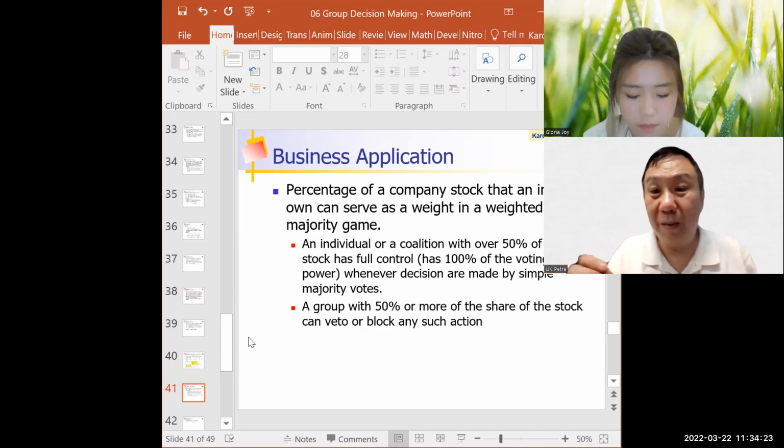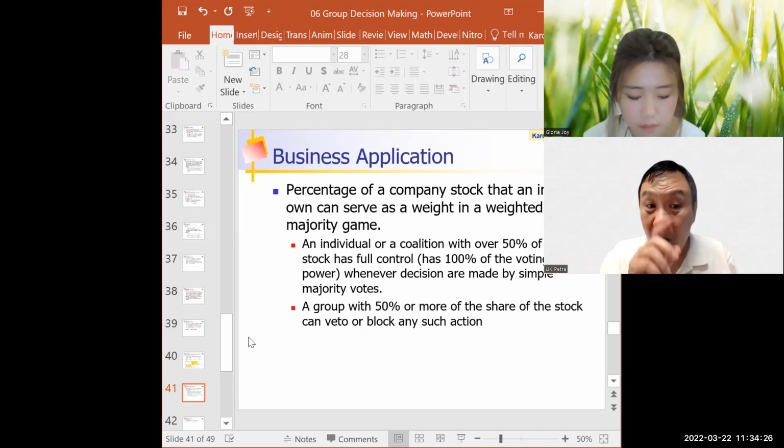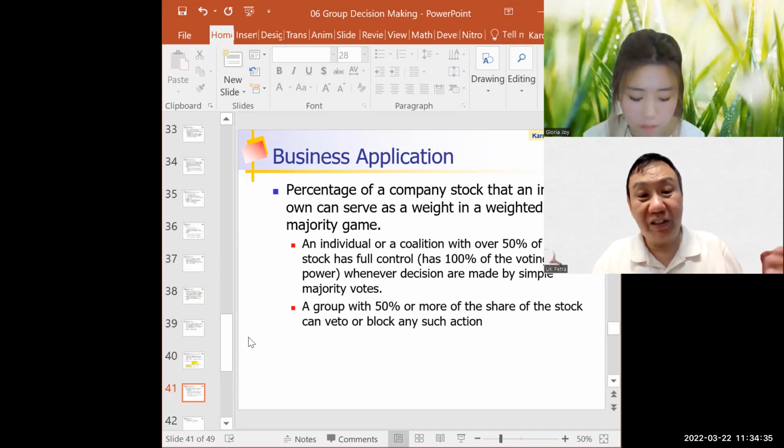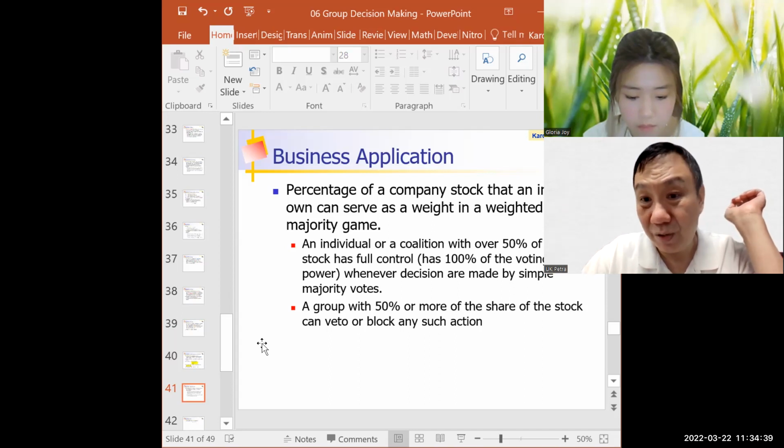Basically, you have 100% voting power whenever the decision is made by simple majority vote. So a group with 50% or more share of the stock can veto, can block any action in the company.